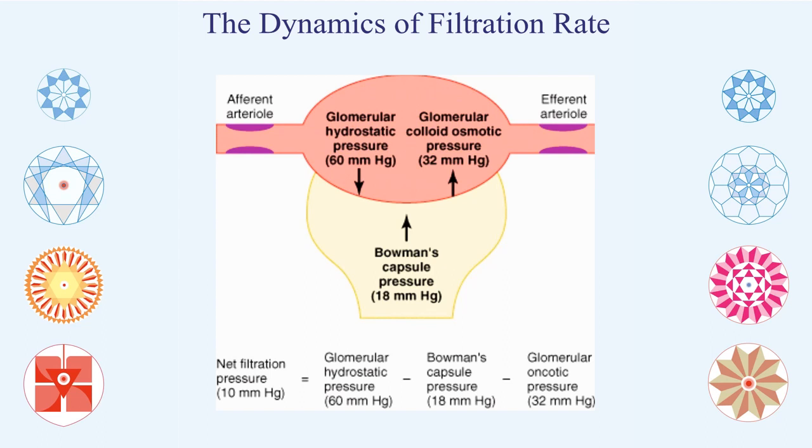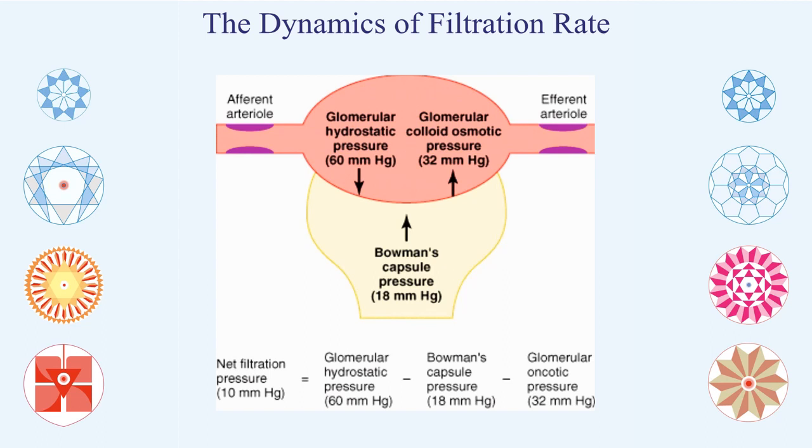I'm sure these two elements are very clear. But then the third element, the Bowman's capsule pressure, is 18 millimeter. I have spoken about the water element and the protein element, but you also have electrolytes and other things found in the capsule.